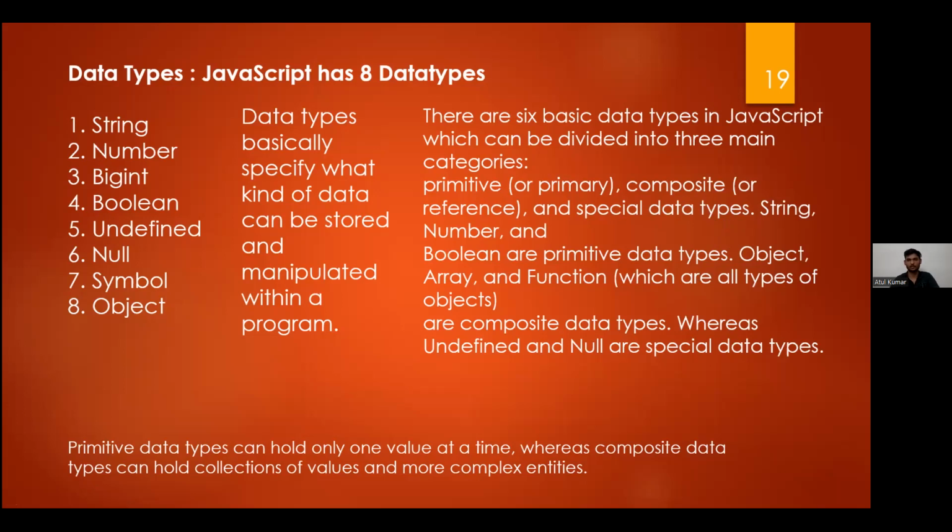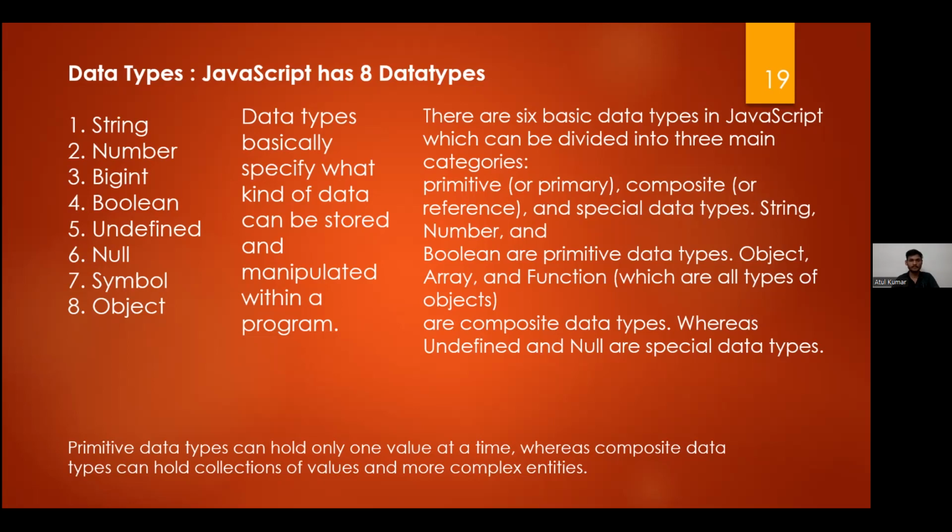String, number, and boolean are primitive data types. Object, array, and function are composite data types, whereas undefined and null are special data types.